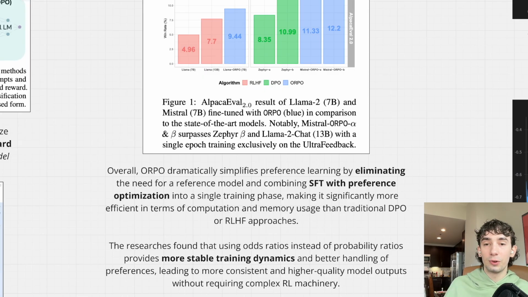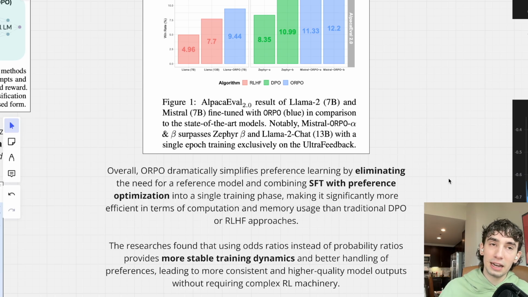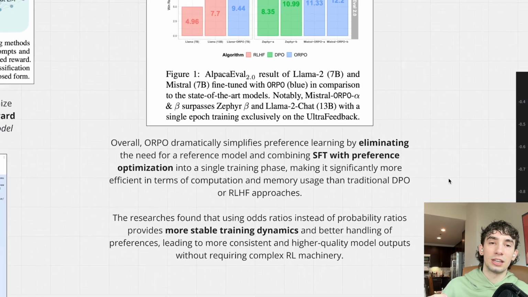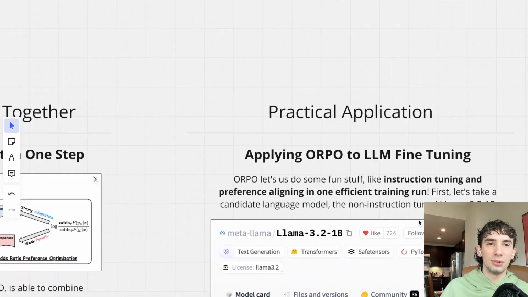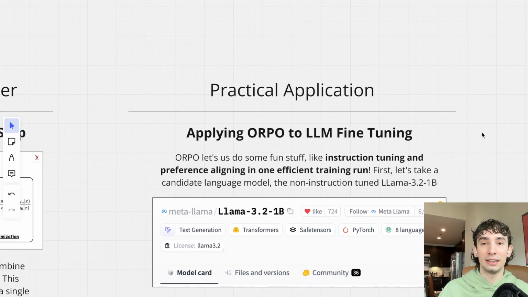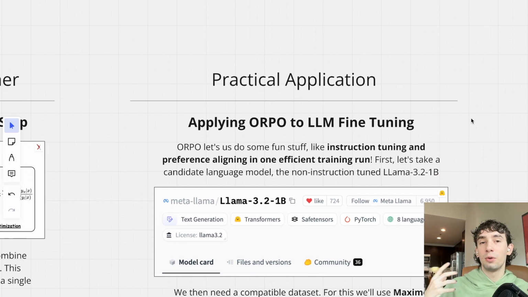As a plus, the researchers found that using odds ratios instead of probability ratios provides a more stable training dynamic and better handling of these preferences, leading to more consistent and higher quality model outputs without requiring any of the complexity. So, for my more practical example of actually applying one of these techniques, that's why I went with ORPO. So let's get into actually applying this and doing ORPO with fine-tuning.